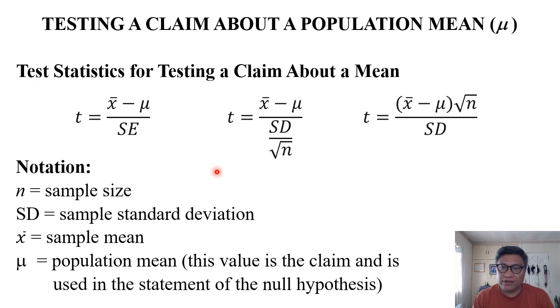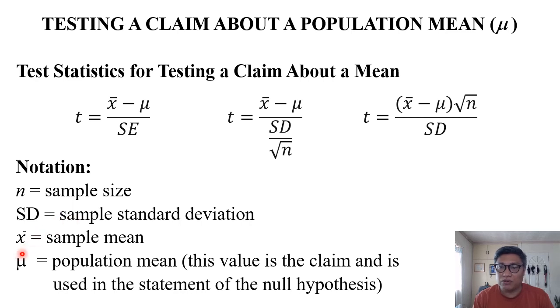When you read the problem, class, or when you identify the given conditions, you need to find out the sample size, that is your n, and the sample standard deviation. If the standard deviation is not given but the variance is given, then you take the square root of the variance. The result is the standard deviation.